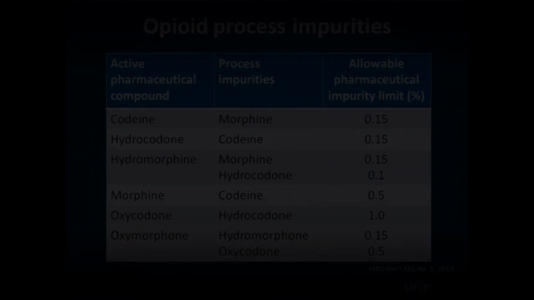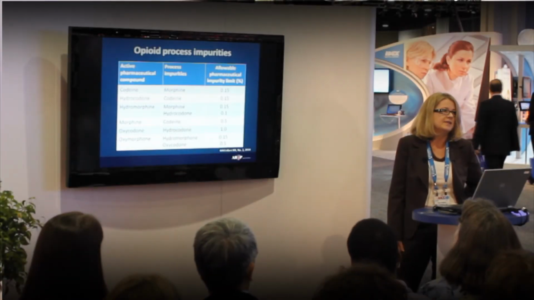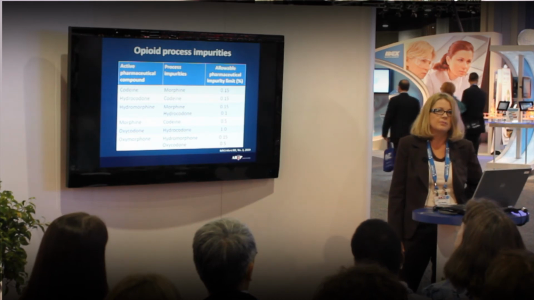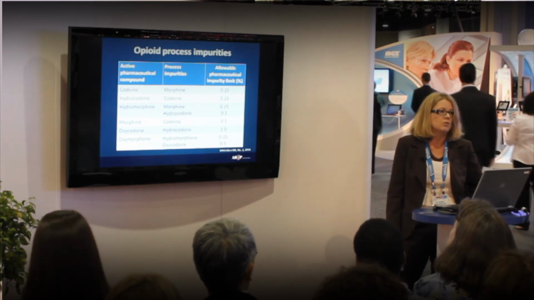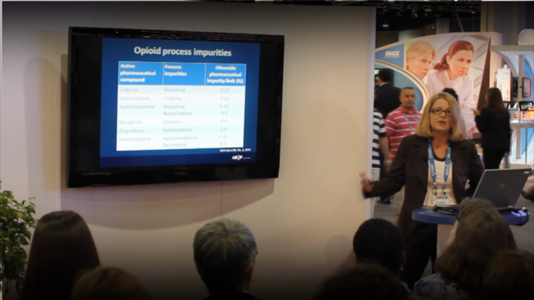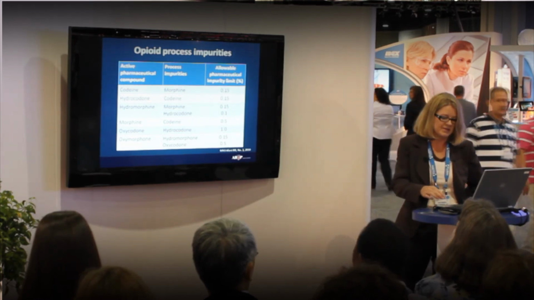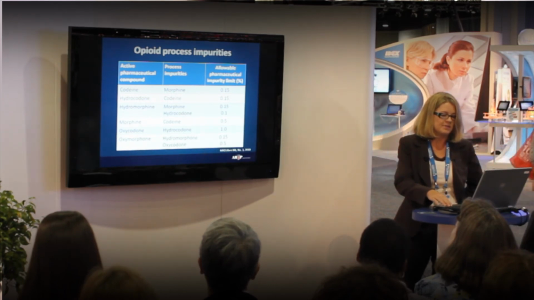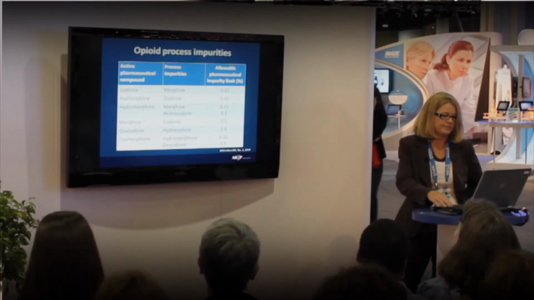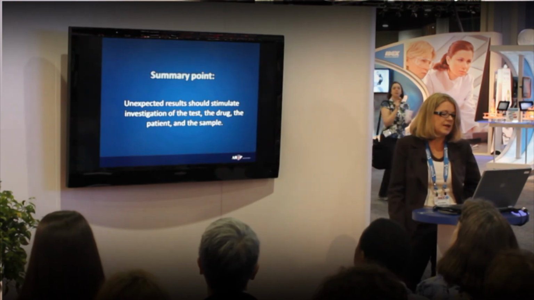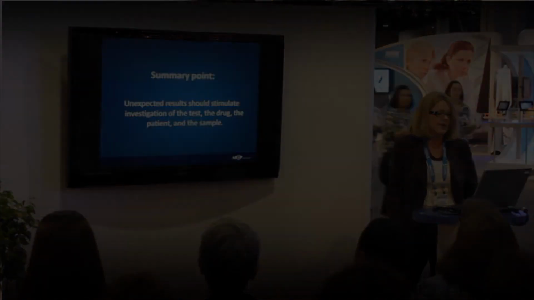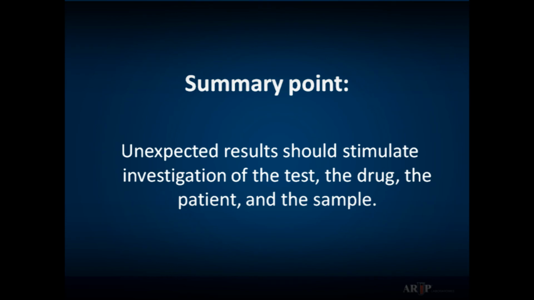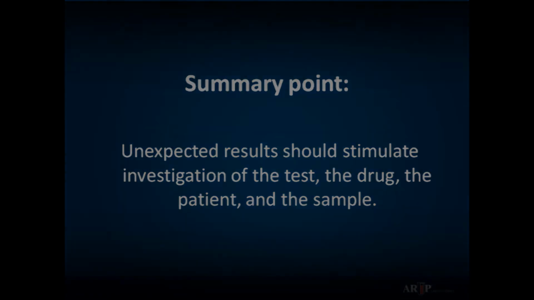So we do in the lab see these patterns quite frequently, and it's important that clinicians not misinterpret and assume that a patient has taken more than one drug, when in fact this would be a normal phenomenon based on the sensitivity and wide analytical measurement range of these particular tests today. So in summary, unexpected results should stimulate an investigation of the test, the drug, the patient, and the sample.